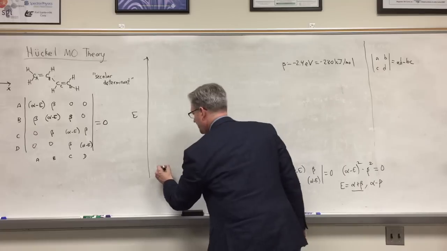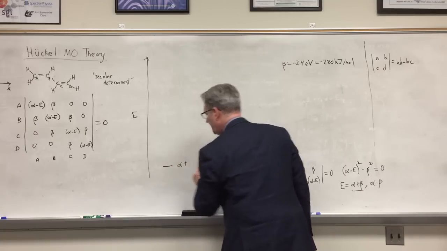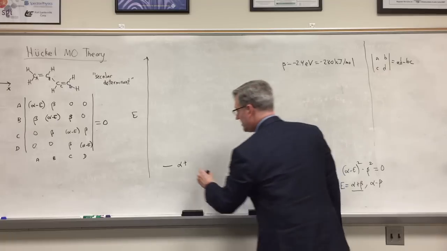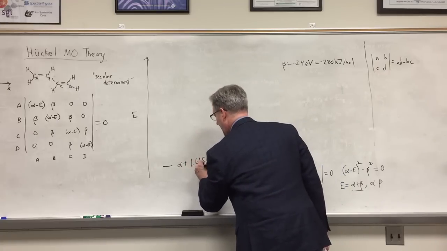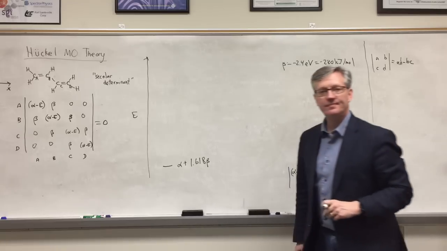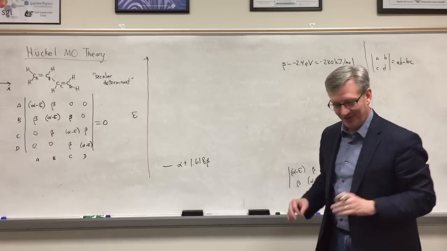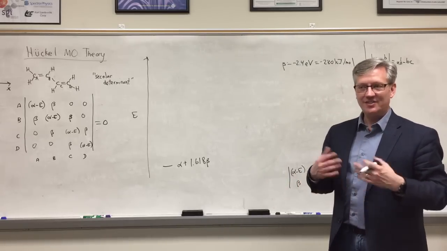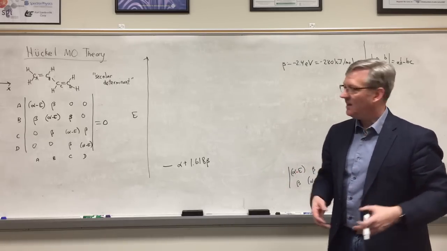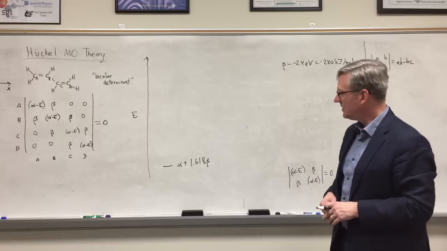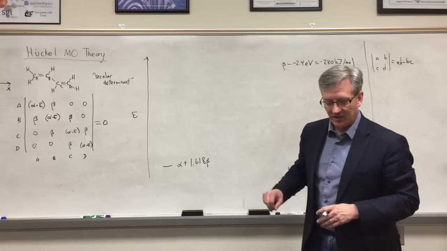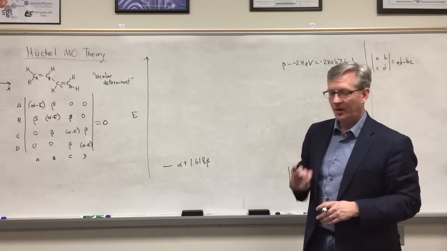The lowest energy solution corresponds to alpha plus 1.618 beta. I'm not making it up, right? So if you actually go through and solve these things explicitly, if mathematics is your favorite, use that. That's a good one to try. One of the equations comes out to be alpha plus 1.618 beta.